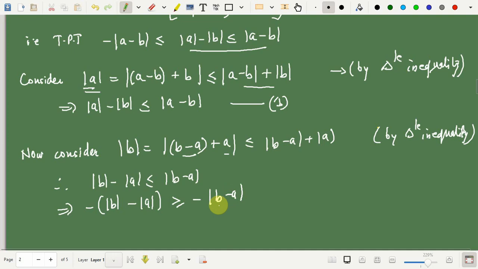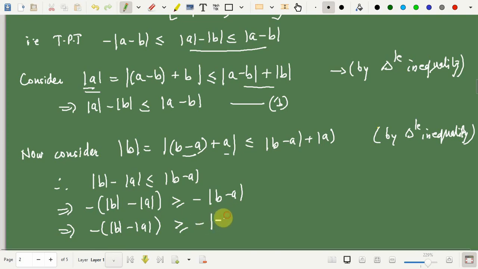By the way, what is this b minus a? Can I write this as a minus b? Yes, because it is simply the negative of a minus b, and you know that mod of x is same as mod of minus x. So that is by definition. So therefore this is same as now mod of b minus a greater than or equal to, okay, now I would write this down as, okay, this will remain as it is.